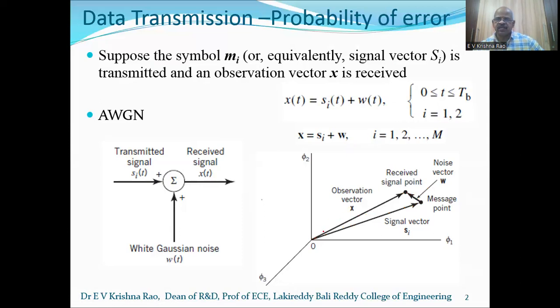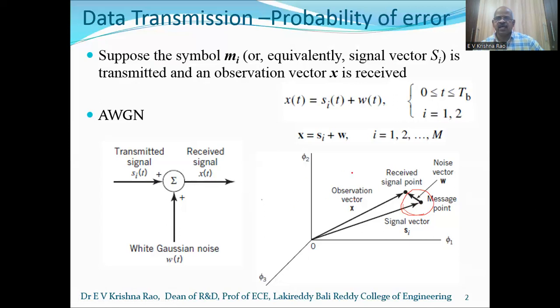The resultant received vector is located here, away from the message point. In this noise region, how far the received vector lies depends on the amount of noise added to the signal vector.